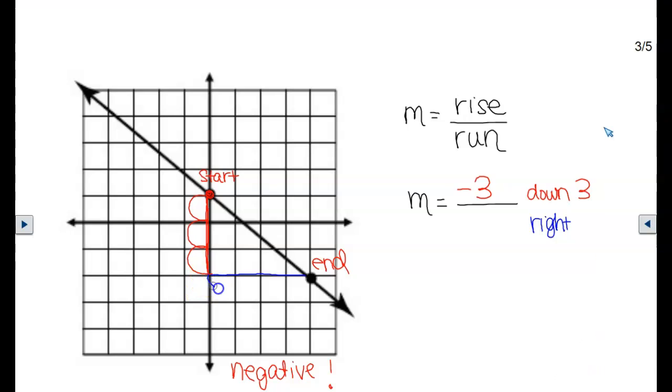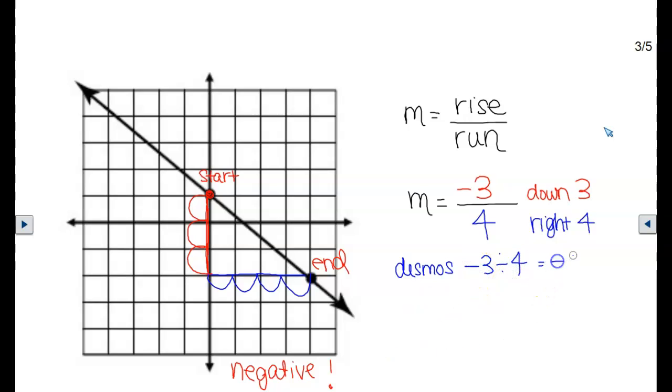Then I'm going to the right, 1, 2, 3, 4. So right 4. Right is a positive direction, so that's going to be a positive 4. So down 3, right 4. Now this is the point where we would go to Desmos and type in negative 3 divided by 4.